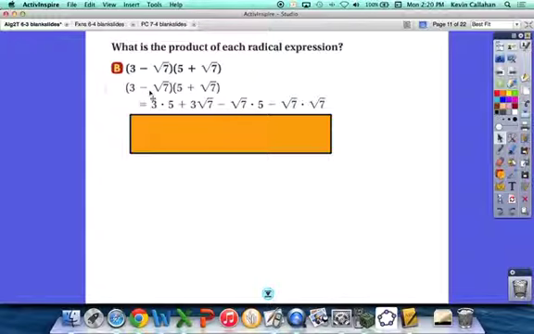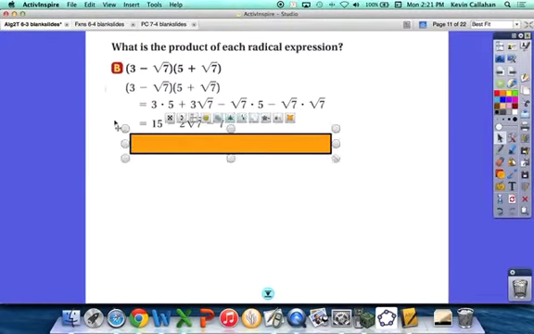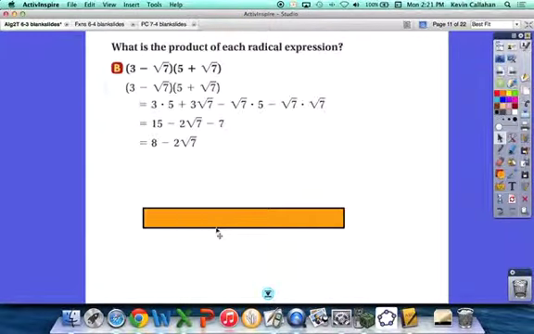And then the minus times a plus makes, well, they didn't even show that yet. So there's the 3 times 5 is 15. We had the like terms, 3 root 7 minus 5 root 7, negative 2 root 7. And then again, the square root of 7 times the square root of 7 is 7. Now, one last bit of simplifying. 15 minus 7 is 8.